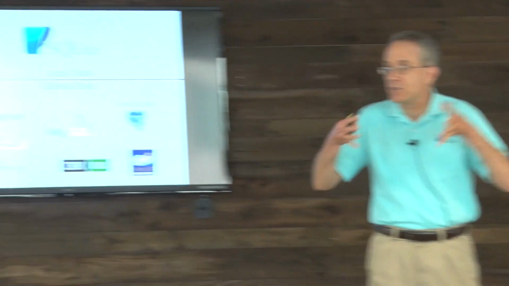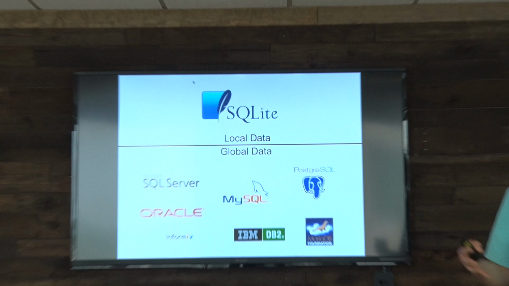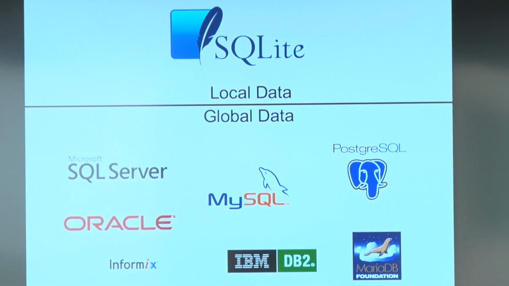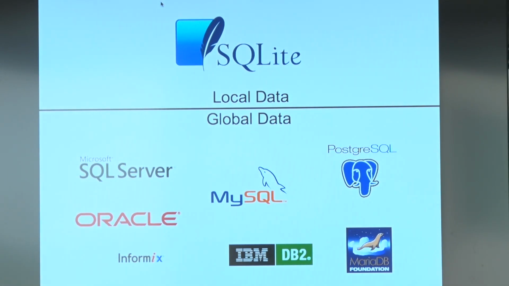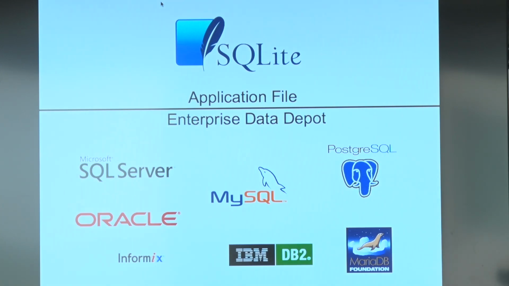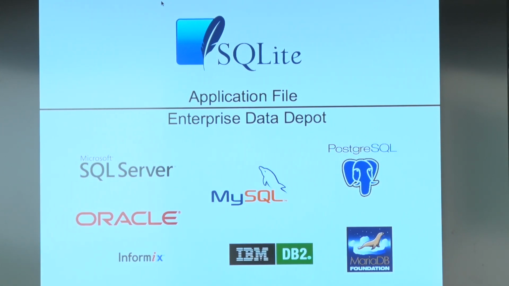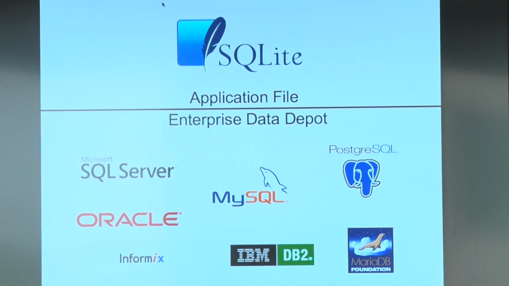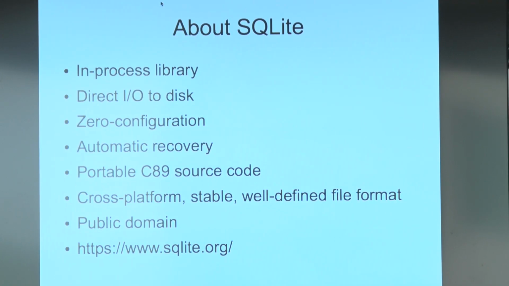SQLite is designed for storing local data, the stuff that's nearby your application, whereas the other client-server database engines are designed to store a global repository for the entire enterprise. The other guys are the enterprise data depot. This is the big pot in the middle of the room where all of your data goes, whereas SQLite is more geared toward an application file format. I'm going to talk more about that as we move forward, but first a quick introduction about what is SQLite.